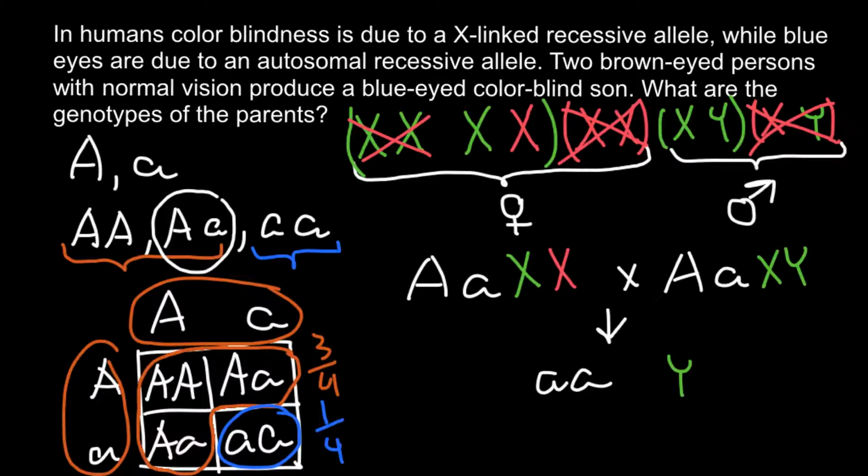If we are told that their son is colorblind, that tells us that from the father's side he got the Y chromosome, and the defective X chromosome that he has to have, he can only get from the mother's side. And chances are 50-50. So he can get from the mother's side a defective X chromosome or a normal X chromosome.